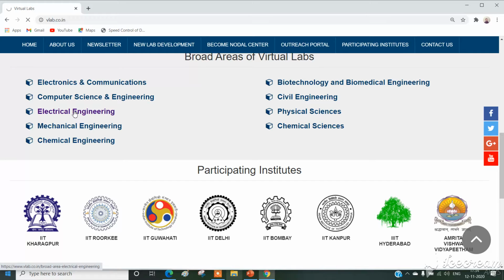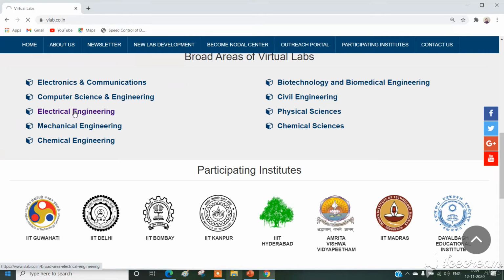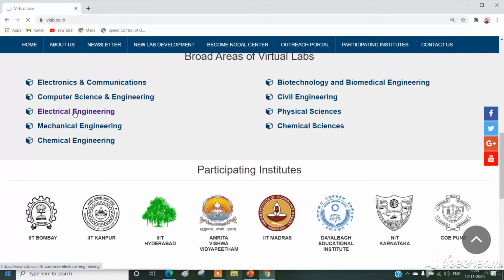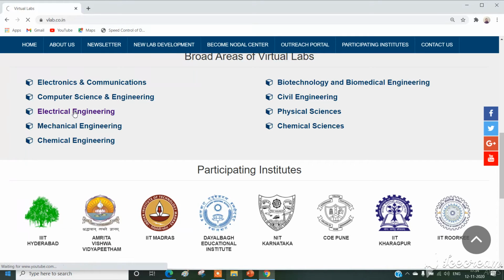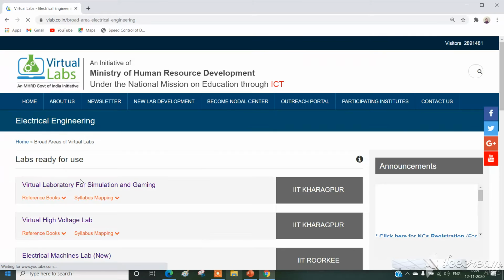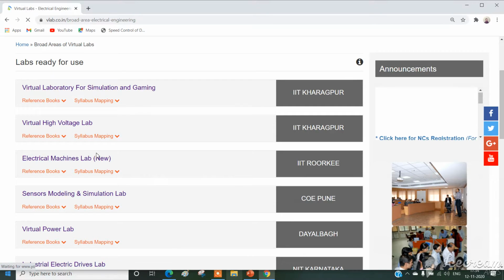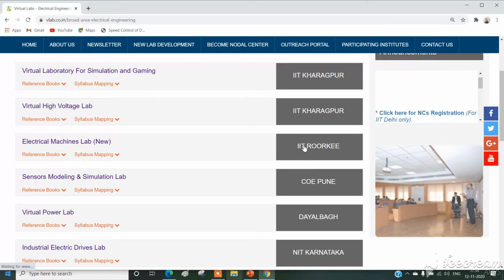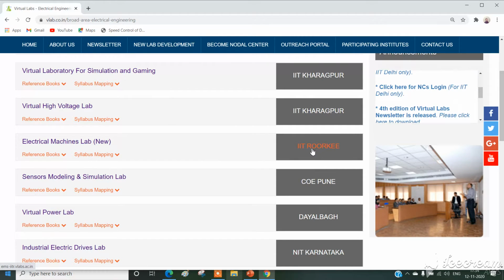Click on electrical engineering. Then, in that, click on IIT Roorkee Electrical Machines Lab New.